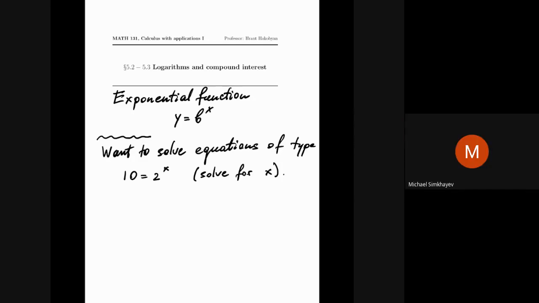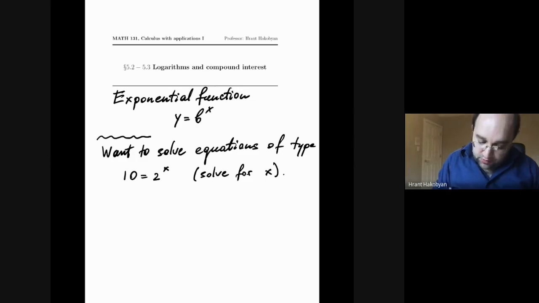Okay. Now if I want to solve this, let me try to explain what the solution is. The solution is x, the power that I need to raise 2 to get 10. And that has a name, called a logarithm.